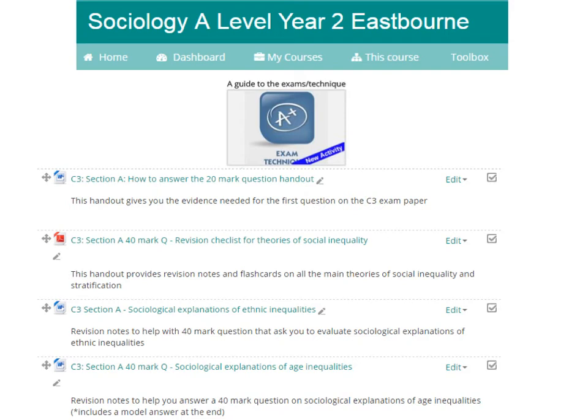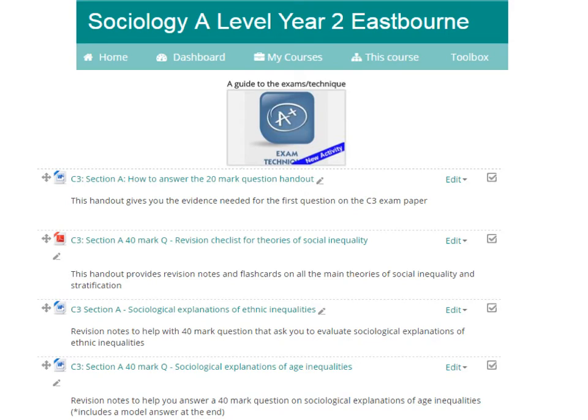Remember that the other main type of question that comes up on this section of the paper are questions asking you to evaluate sociological explanations of either class inequality, gender inequality, ethnic or age inequality.